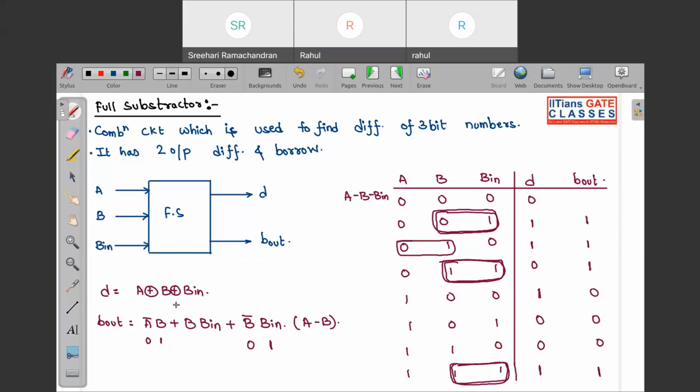And if you don't feel comfortable, very quickly draw the K-map, you will get the same thing. If you are not comfortable writing like this, then it's okay. You draw the K-map, it will take only 30 seconds more. But don't make mistake.